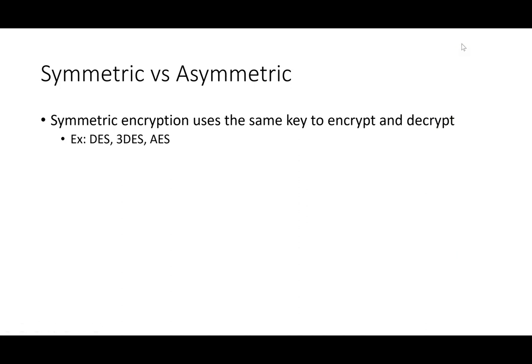Here are some examples: DES, Triple DES, and AES. DES is probably pretty old by now. It's not very secure. You can break it within a couple seconds. Triple DES is where you try to improve the security of DES by running DES 3 times. AES is the current industrial standard for symmetric encryption.